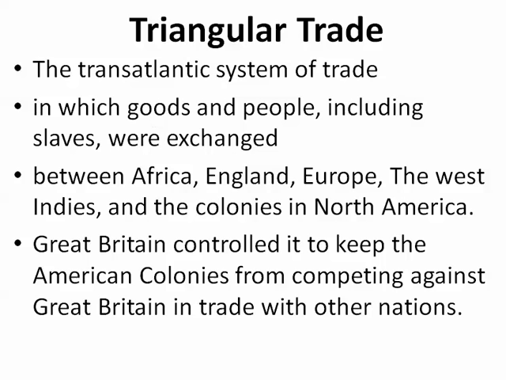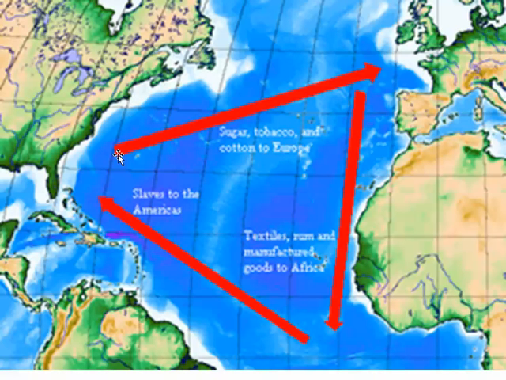The reason they call it triangular trade is because the trade goes across the Atlantic, here's the Atlantic Ocean, from the colonies to England, and then back to the colonies again, and then down to the west coast of Africa, and then from the west coast of Africa back to the West Indies and what is today the United States colonies.